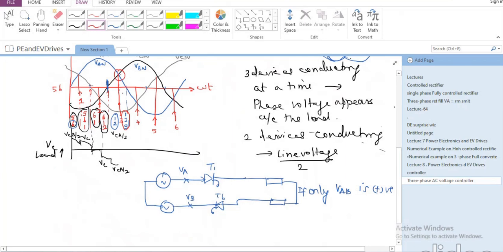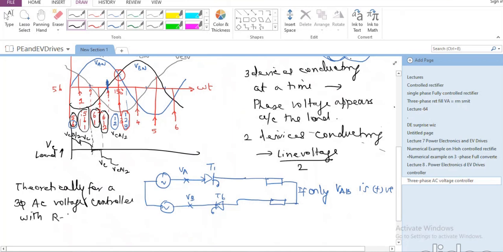And that corresponds to omega t equal to 150 degrees. This is where omega t is 150 degrees. So I should say theoretically, for a three-phase AC voltage controller with R load, with the resistive load, the maximum firing angle, alpha maximum, can be only 150 degrees.